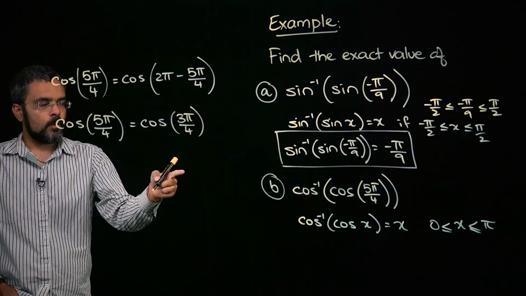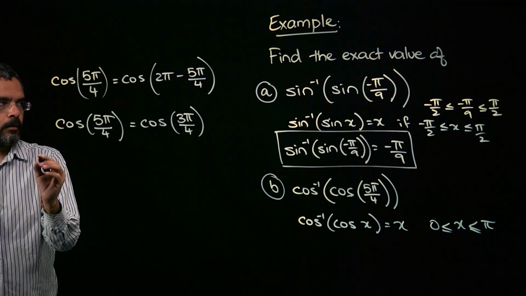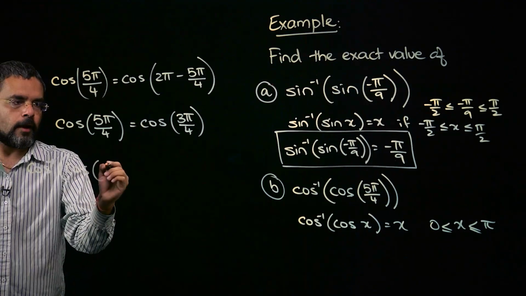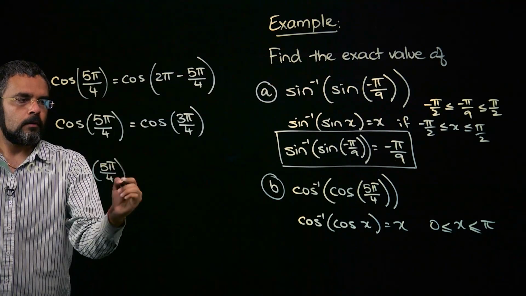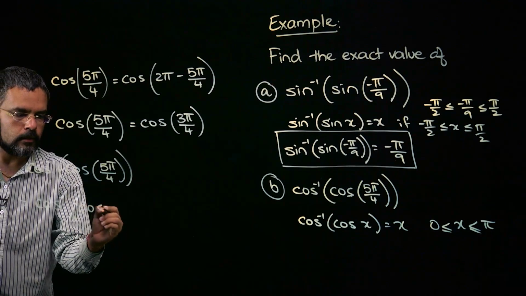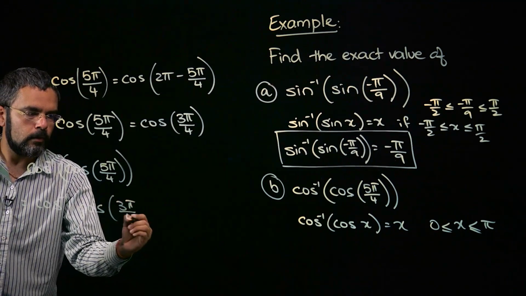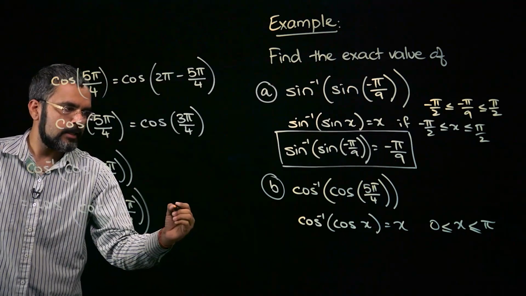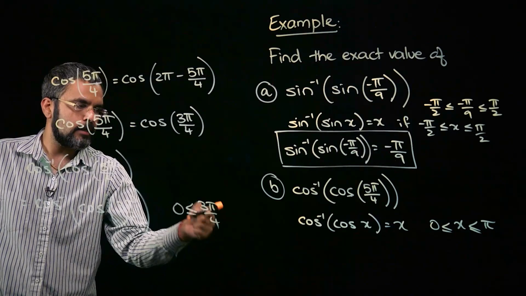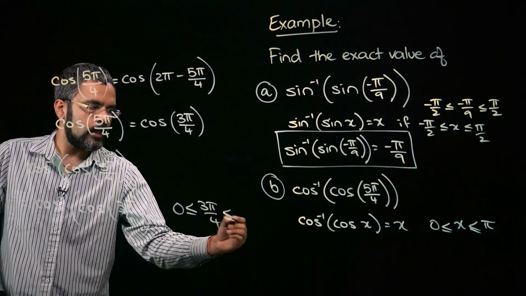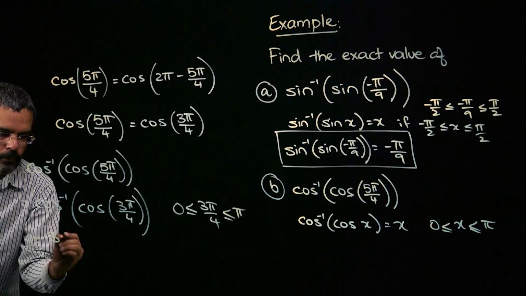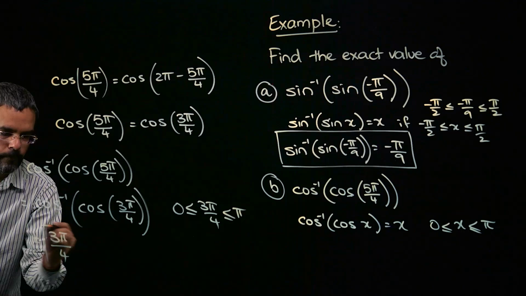So cosine inverse of cosine of 5 pi over 4 is equal to cosine inverse of cosine of 3 pi over 4. Now I can see that 0 is less than or equal to 3 pi over 4, because 3/4 is less than 1, and so that is less than pi. And so this is equal to 3 pi over 4.